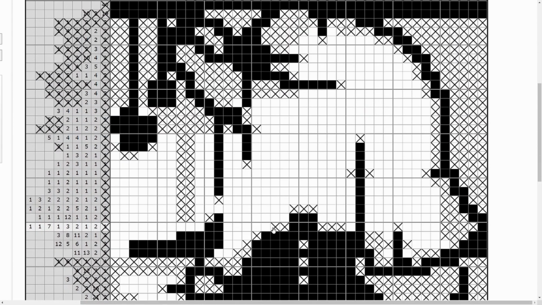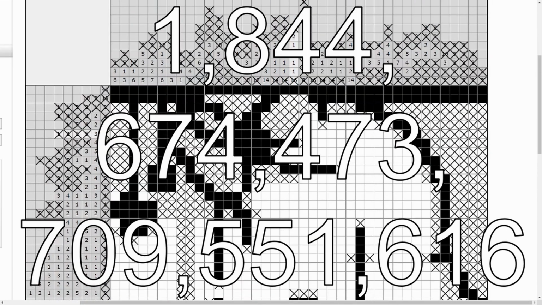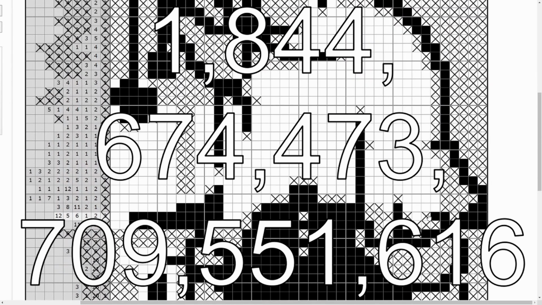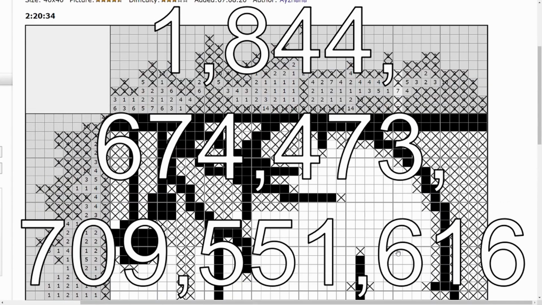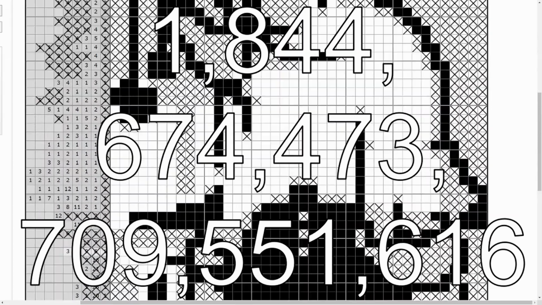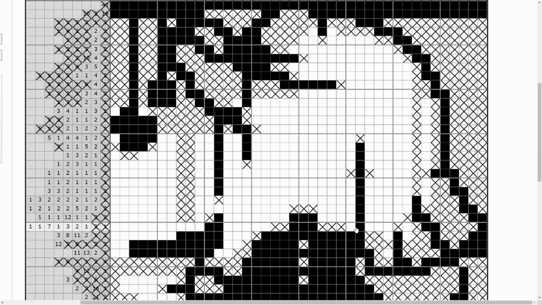Anyway, that number is 1,044,474,709,551,616. And finally, a 9x9 nonogram. I'm having to rehearse these numbers because I don't want to make a mistake.